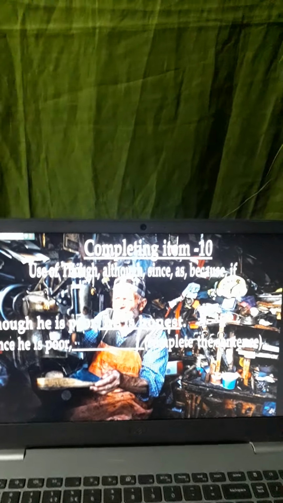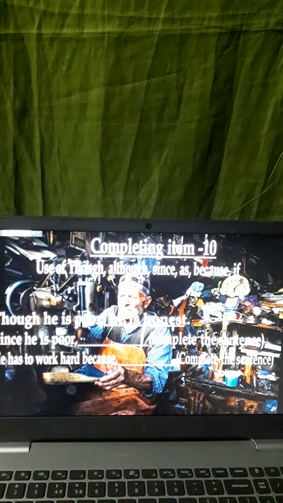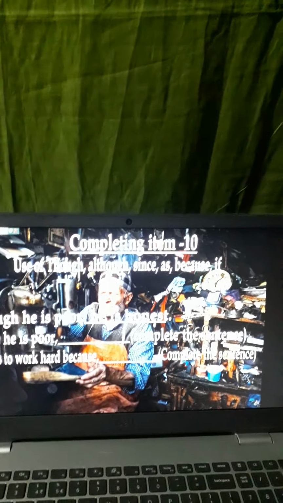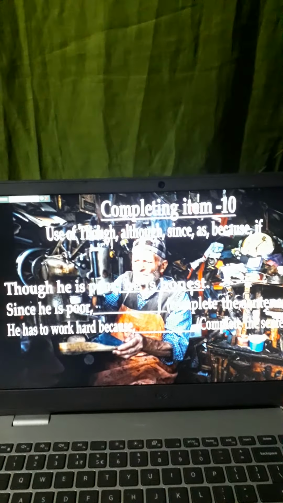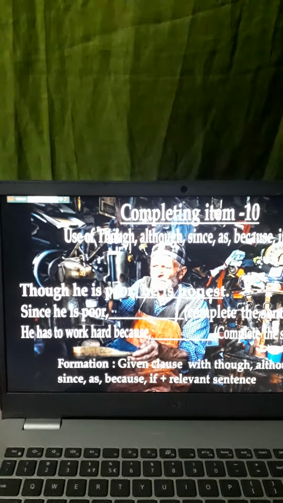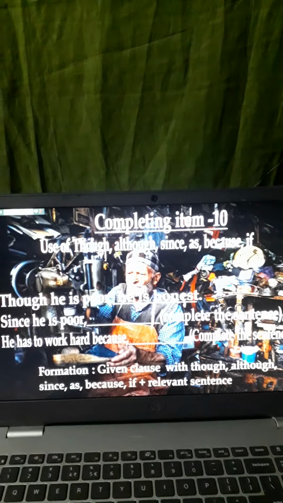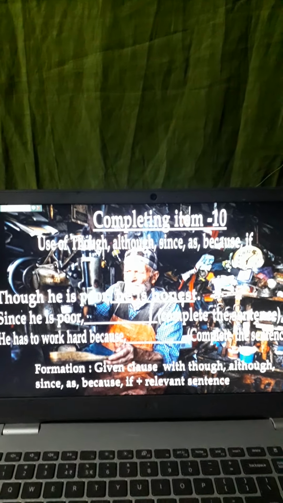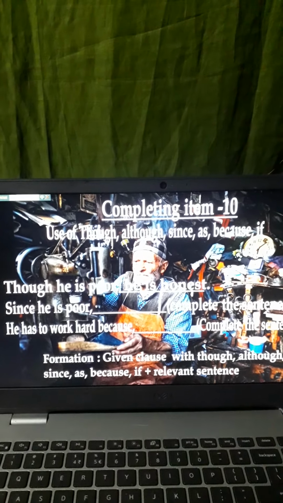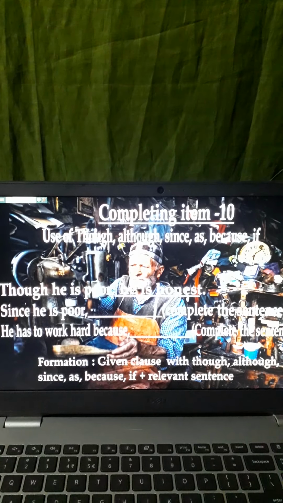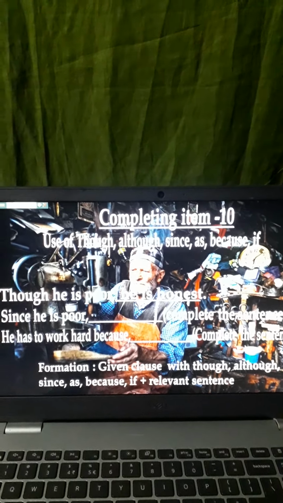Complete the sentence. He has to work hard because dash. Complete the sentence. Formation: given clause with though, although, since, as, because, if plus relevant sentence.